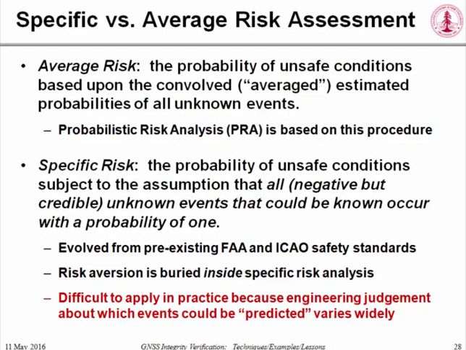And there's a further complication, which you would not expect unless you've worked in the FAA for a long time. The FAA assesses probability of faults using, again, what we call specific risk. In specific risk, we don't just take the probabilities and convolve them together, the normal way we would do probabilistic risk assessment.